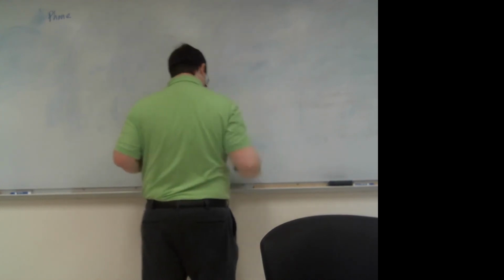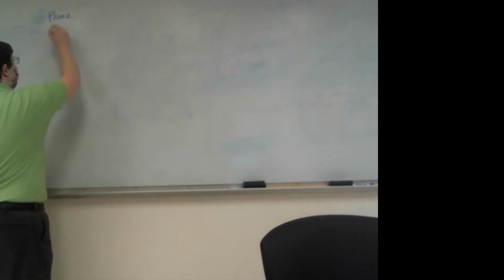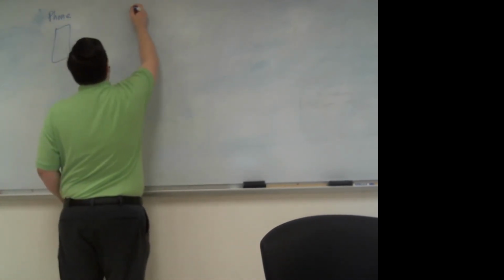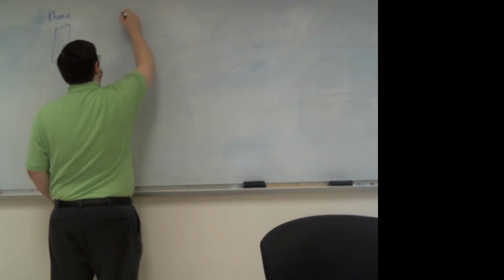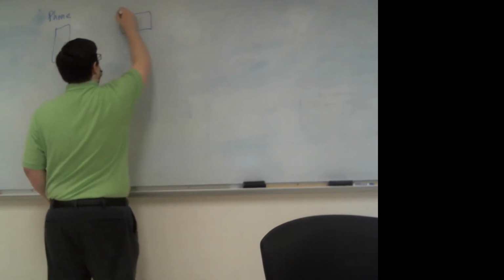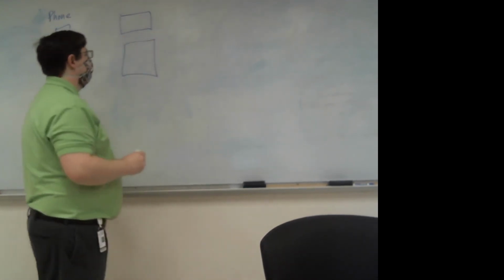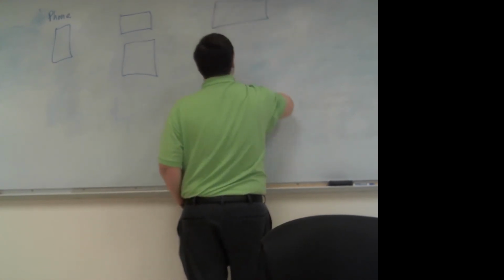rather than talking about those 6 buckets, I can say, hey, we've got phone and portrait. We've got another bucket which is phone and landscape, tablet and portrait, tablet and landscape.